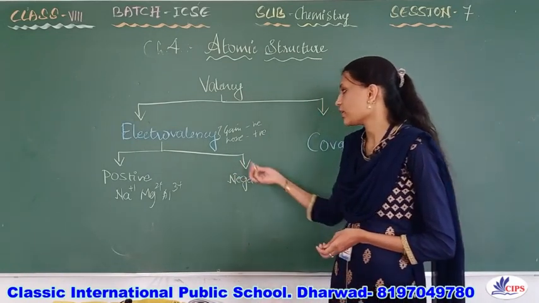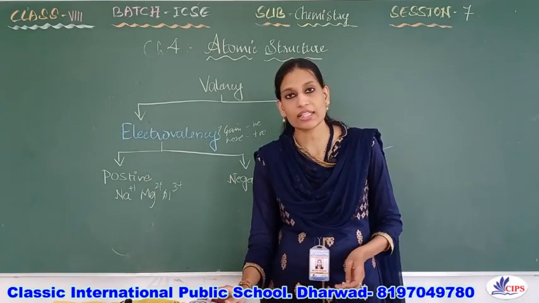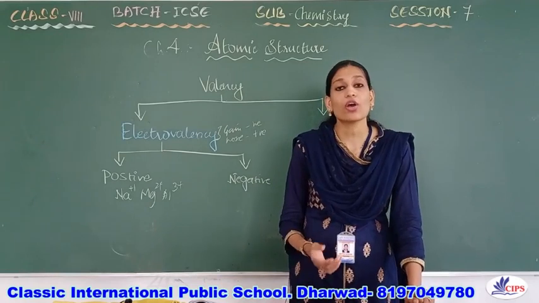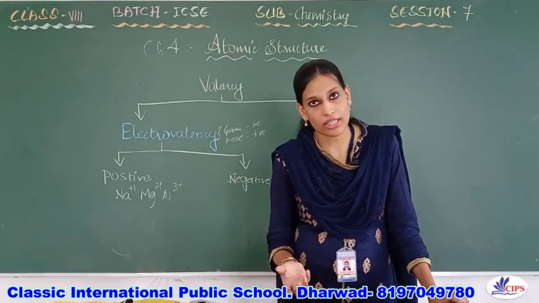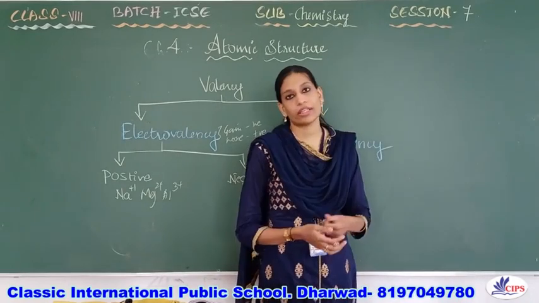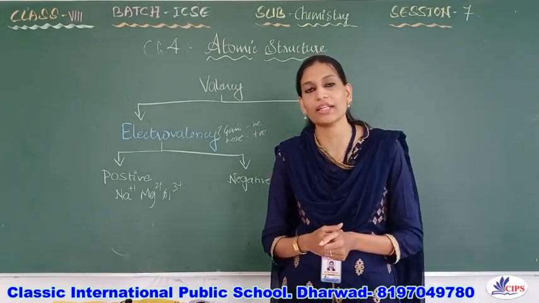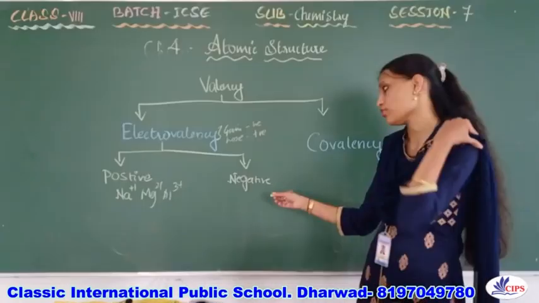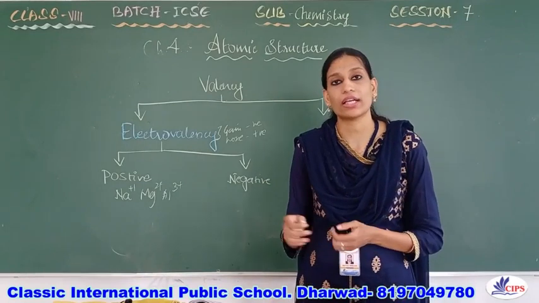Electronegative valency has one more type, what we call negative valency. Negative valency is a valency wherein all the elements which have gained the electrons, they need the electrons, they have gained the electrons, we call them negative electrovalency.